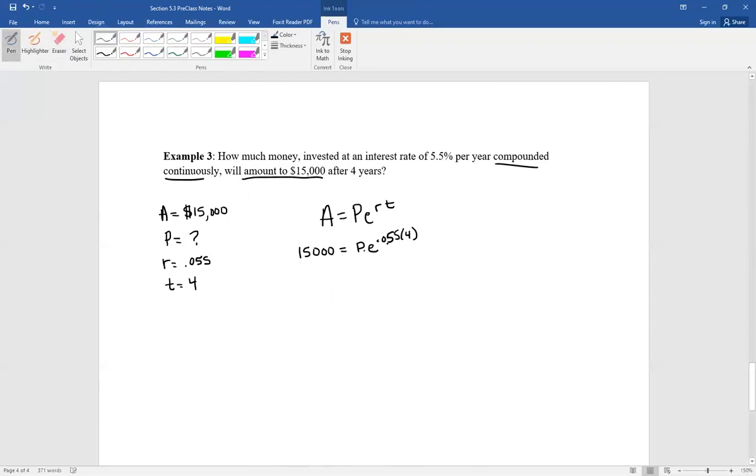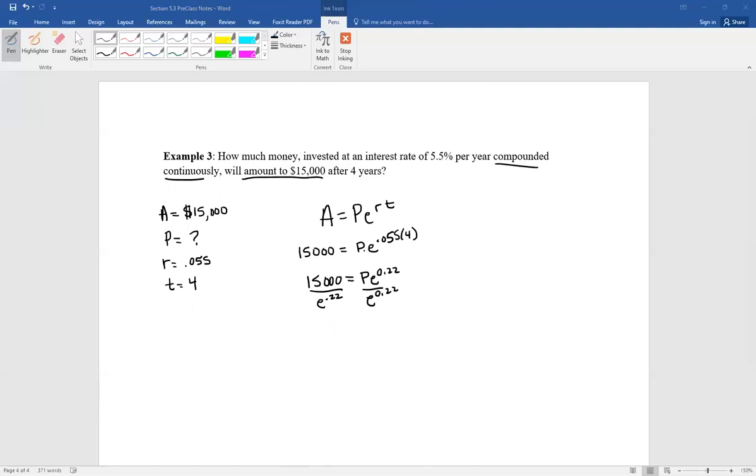So we need to do 0.055 times 4, which is 0.22. So this is 15,000 equals P e to the 0.22. I am dividing by that e to the 0.22 because e is a number. So we're trying to get P by itself, so we're going to divide that over.